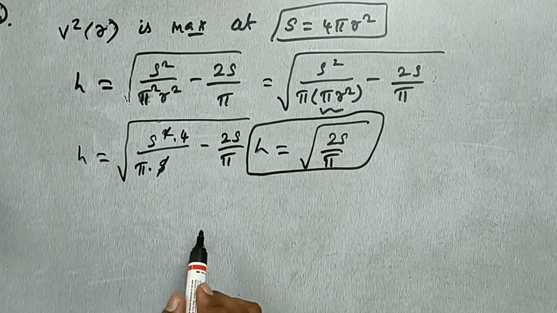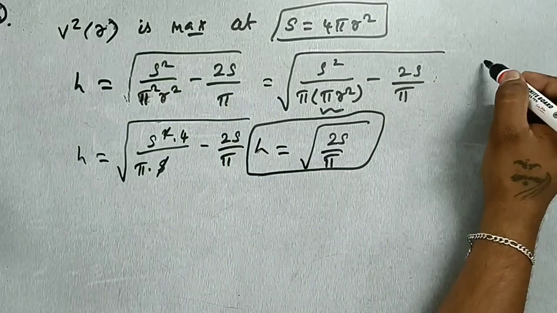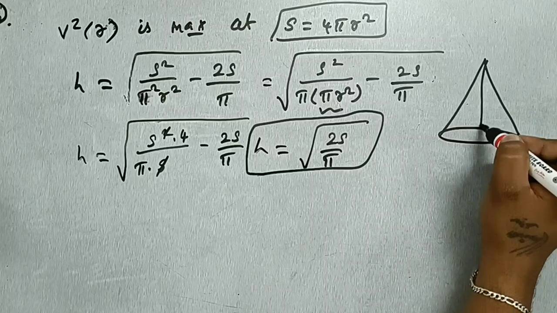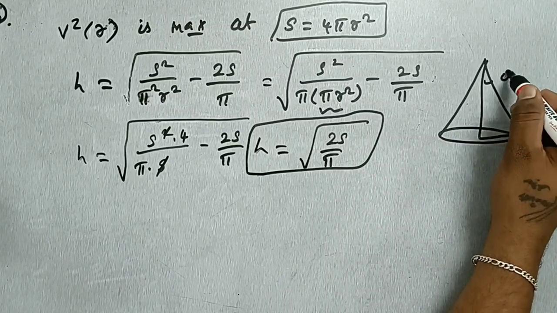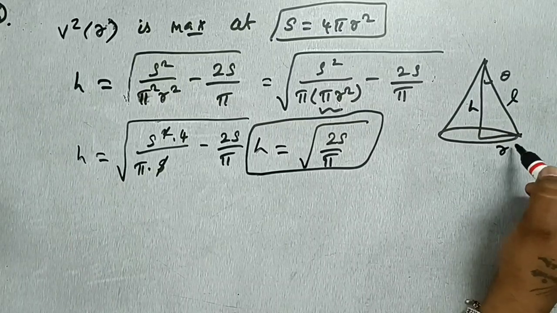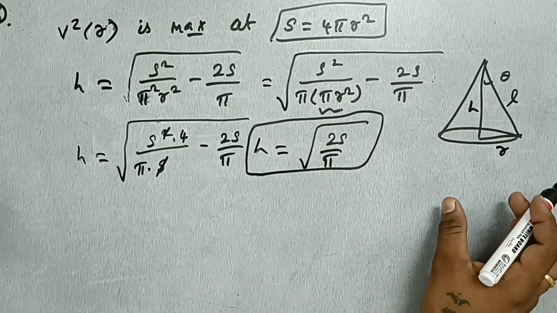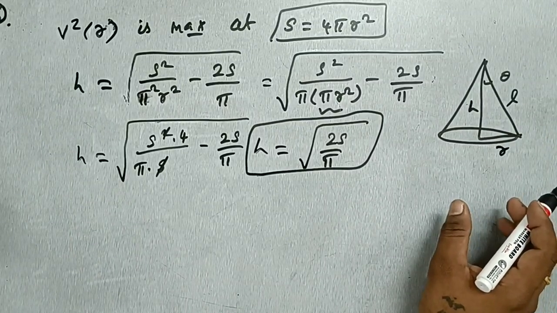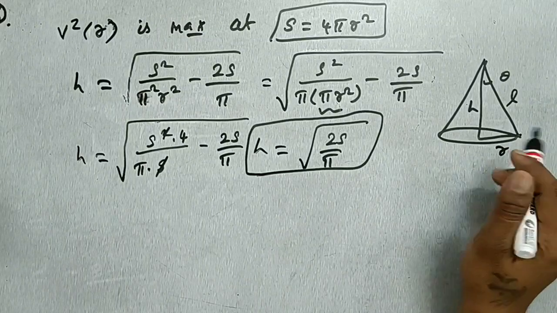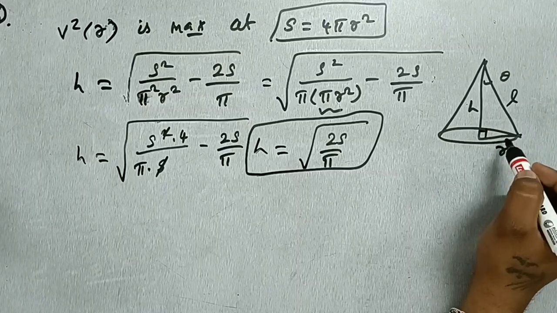Now we know that from the triangle, actually in the cone, it is a right circular cone given, it is the angle theta. So already we have it: it is L, it is H, it is R. So now I am going to prove that theta equal to sine inverse of 1 by root 3. So I need the sine theta value for this triangle.